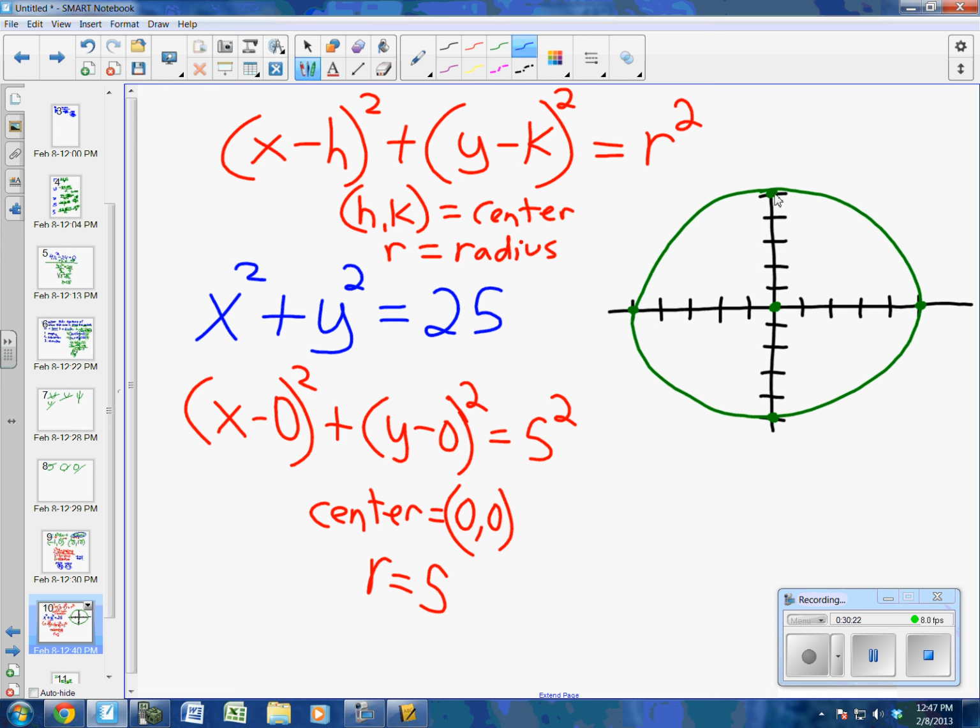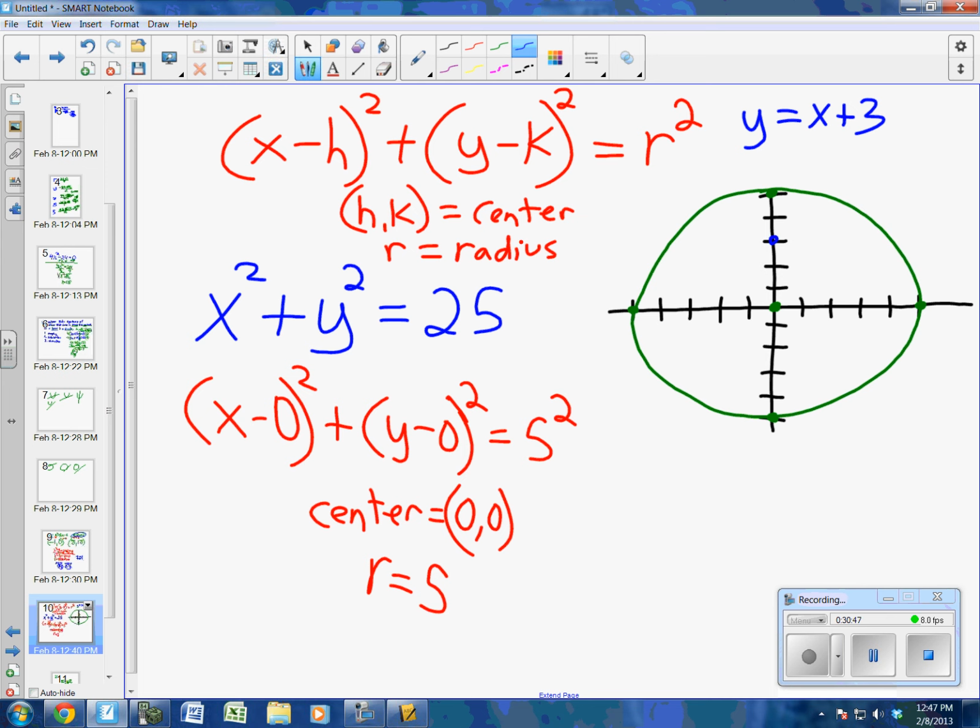Okay, now, I've got this line. Oh, I forgot to give you the lines. Here's the line, you guys: y equals x plus 3. Well, what's the y-intercept of this line, you guys? 3.